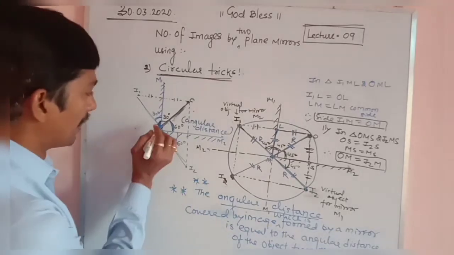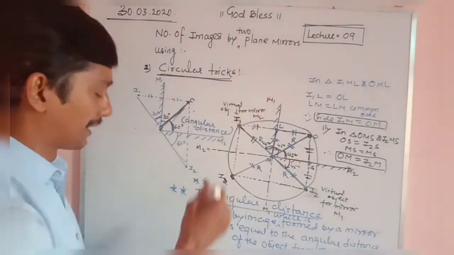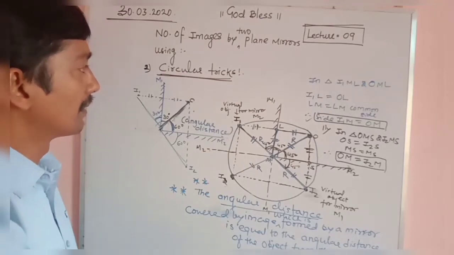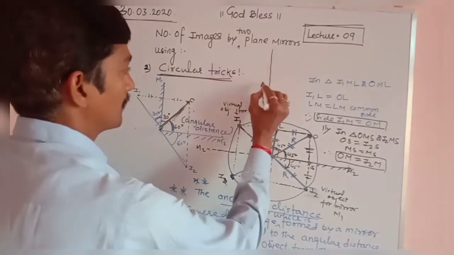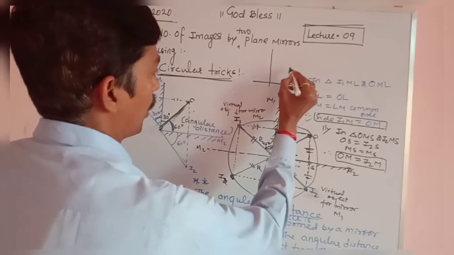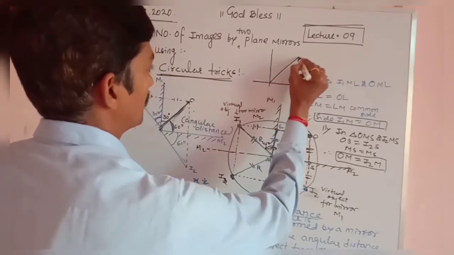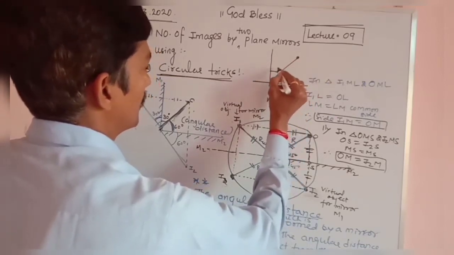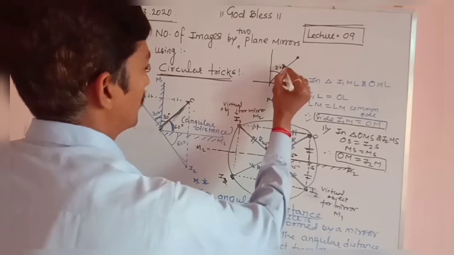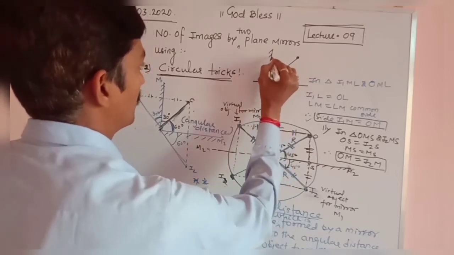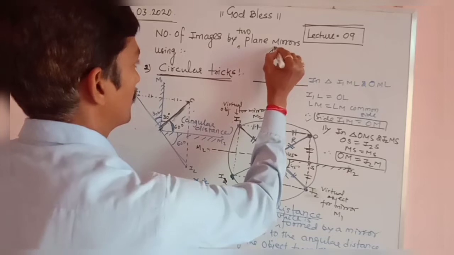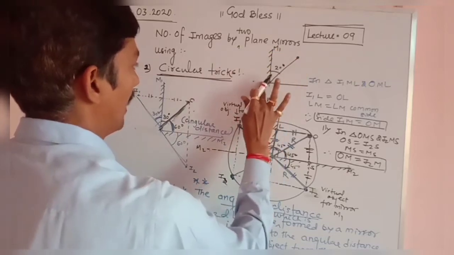So say another diagram. If here the object is at, say, 20 degree from mirror M1, right? Have a practice of it.